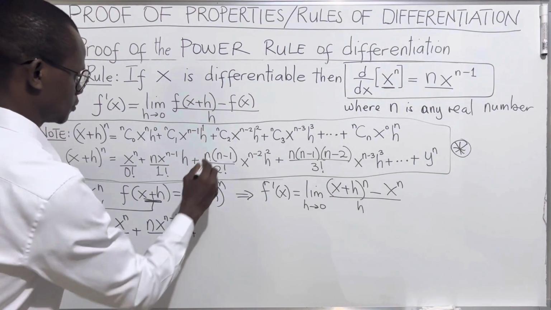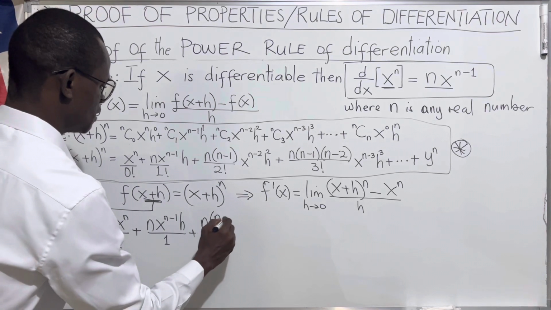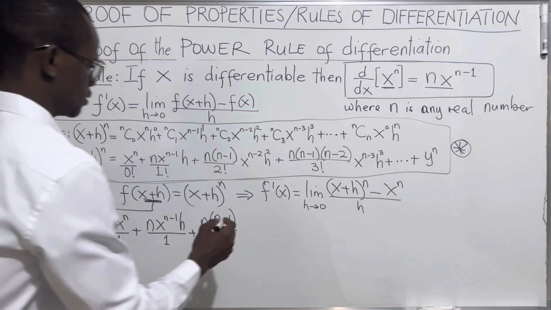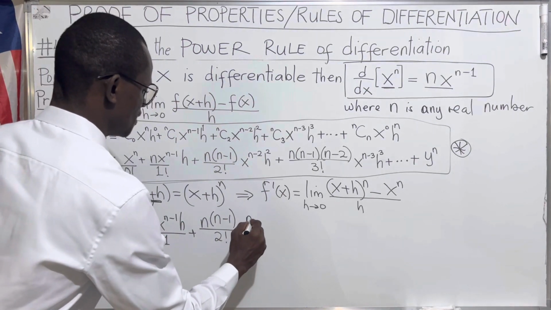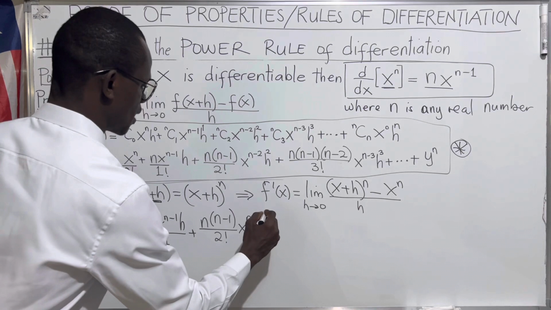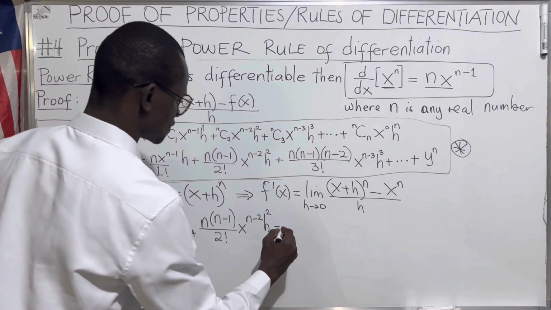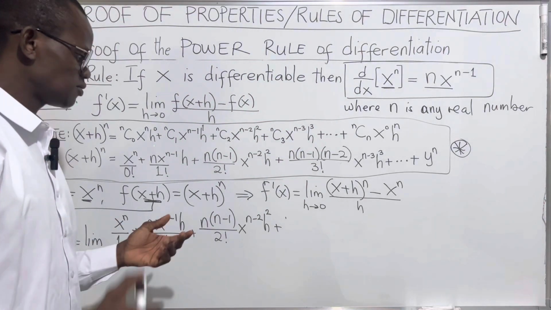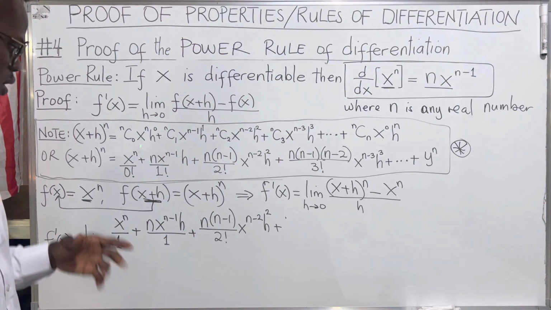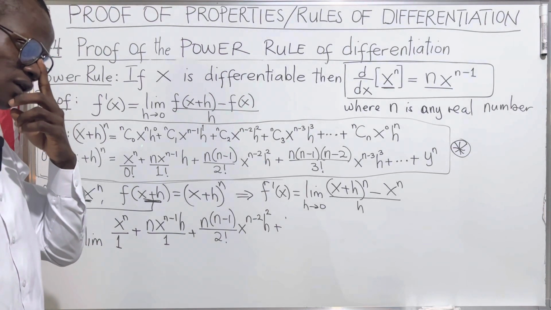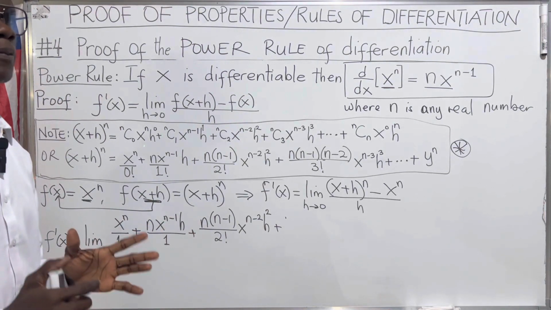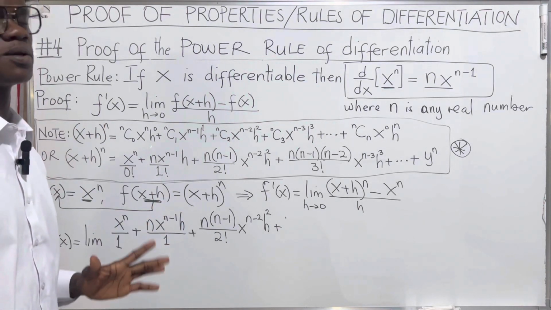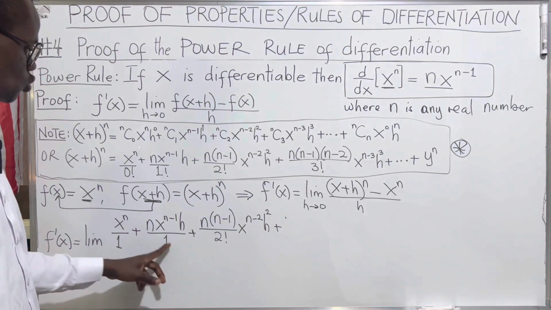Plus n times n minus 1 divided by 2 factorial, times x raised to the power n minus 2, h raised to the power 2, plus the next term. We don't have to go to 3 terms, 4 terms, 20 terms, and so forth. For the sake of understanding the pattern, we can take at least the first 3 terms, 1, 2, and 3.